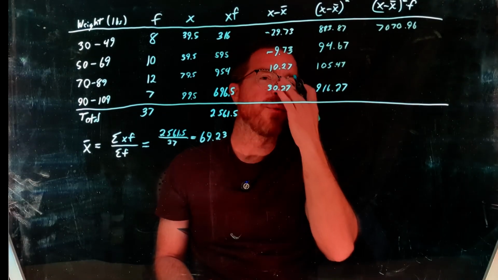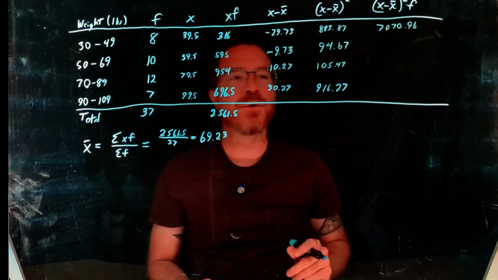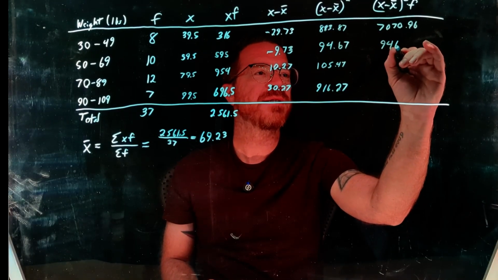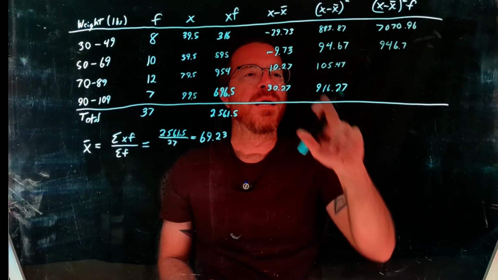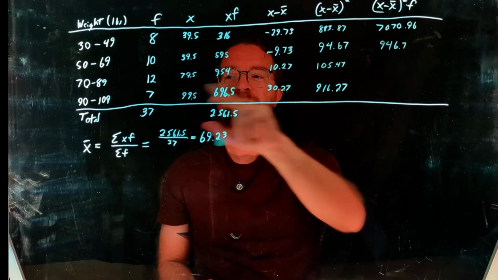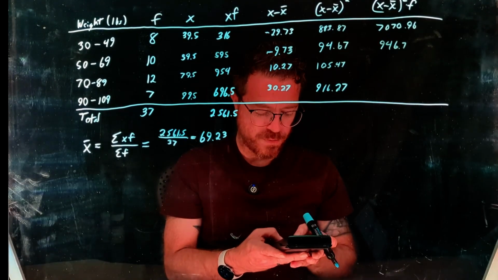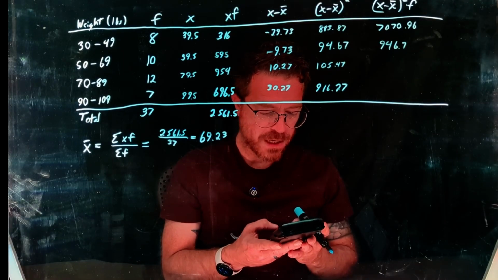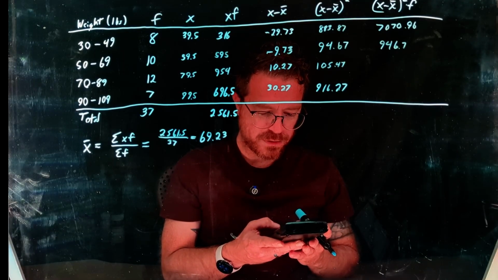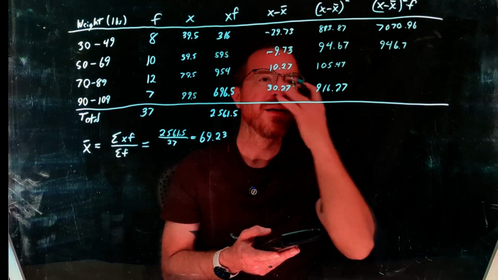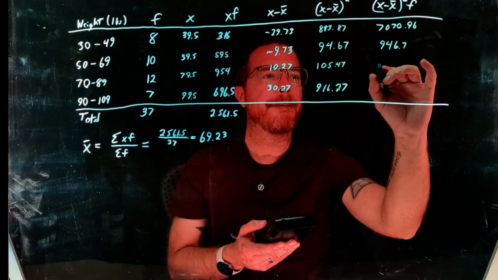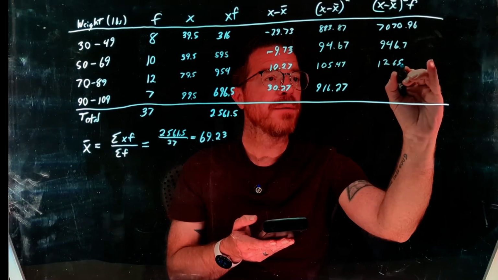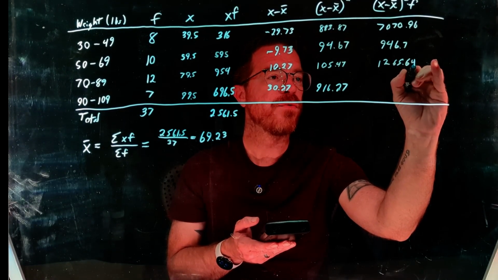Next, we're going to take our 94.67. We're going to multiply it by our frequency of 10. So this is going to be 946.7. Next, we're going to do 105.47 times our frequency of 12. So 105.47 times 12 is going to give us 1,265.64.